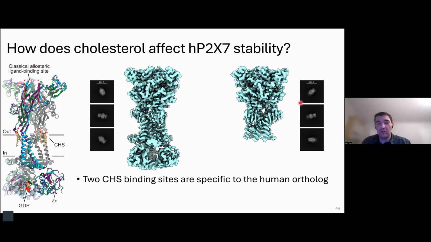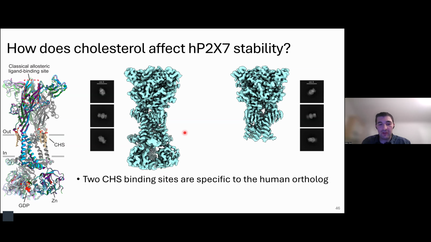So when I use lower quantities of CHS in purifications, I see a higher ratio of particles where the cytoplasmic domain of human P2X7 is disordered and not visible in cryo-EM reconstruction. In contrast, when I use higher concentrations of CHS in purifications, I see a higher ratio of receptors where the cytoplasmic domain of human P2X7 is readily visualized and stable in cryo-EM reconstructions.